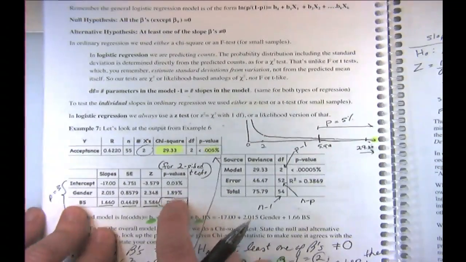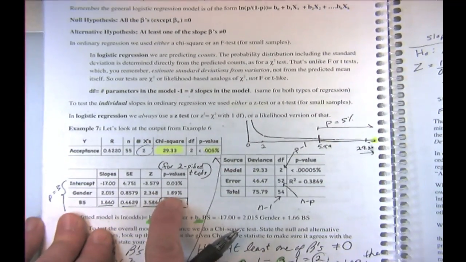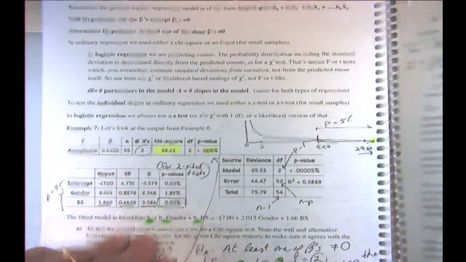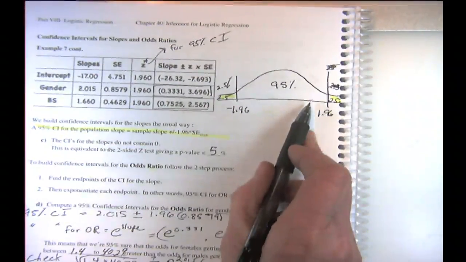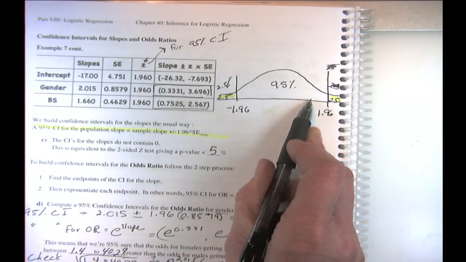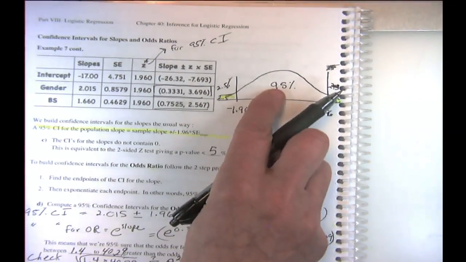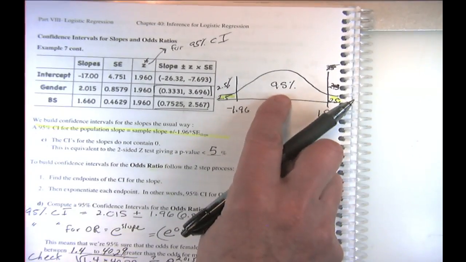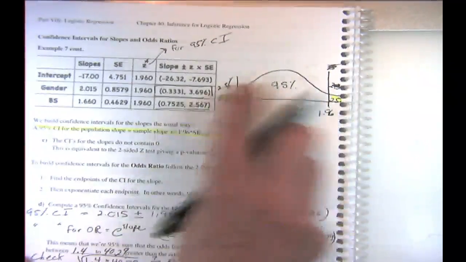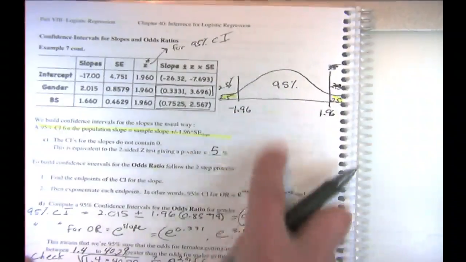That's exactly the same as getting p-values less than 5% here for the two-sided. If you were doing one-sided, then we'd have 1.65 here, a 90% confidence interval. 95% means we're more sure, so we have a bigger confidence interval here that doesn't include 0.